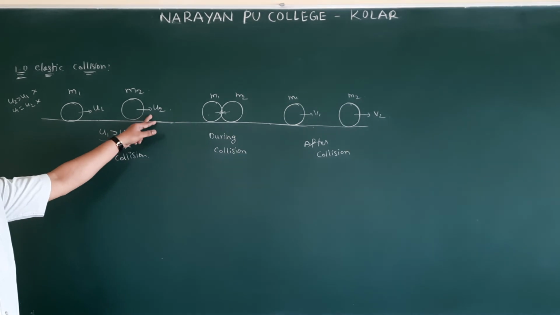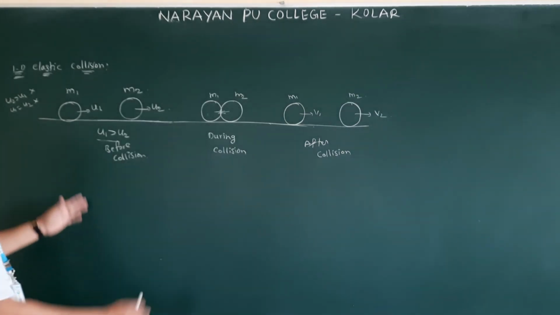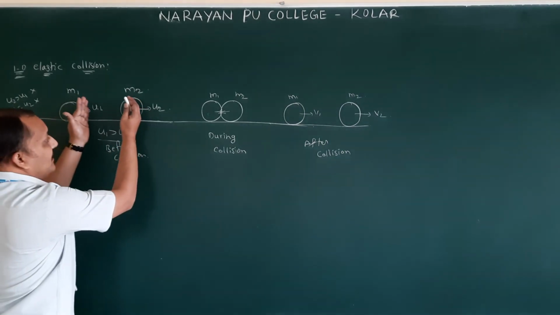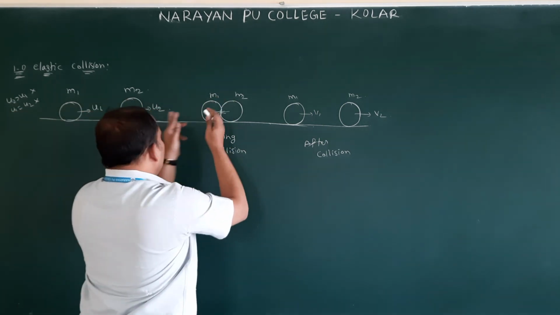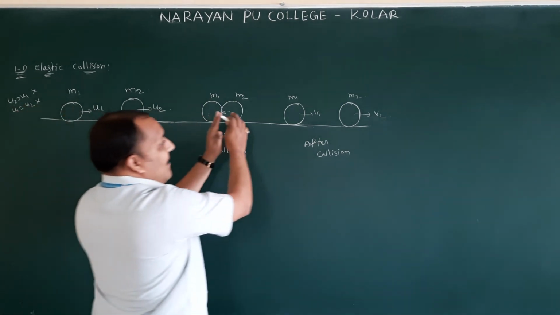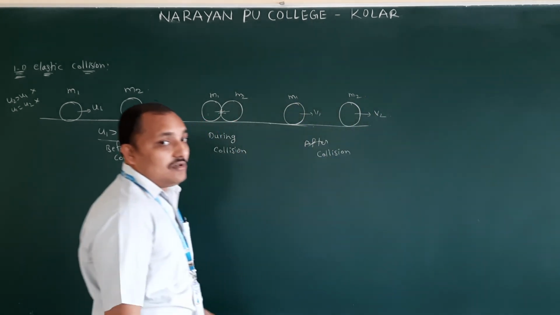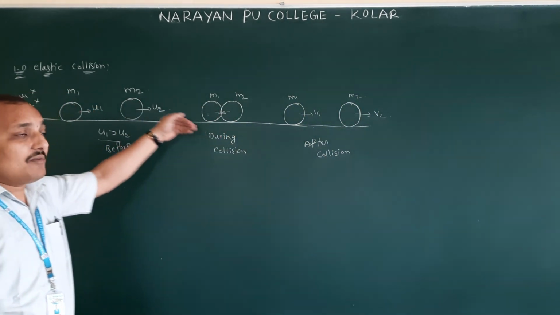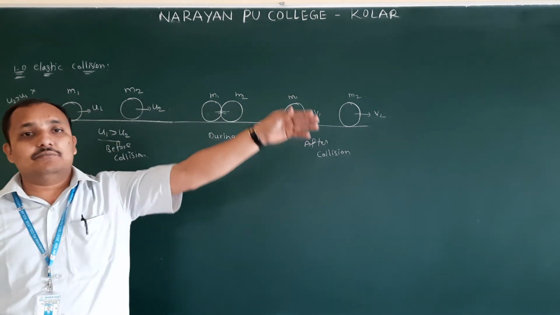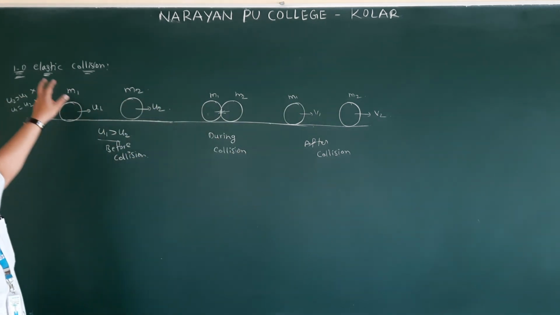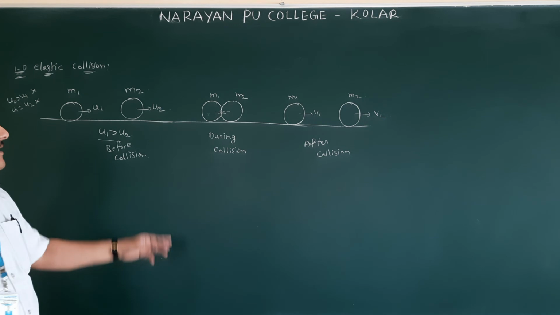U1, U2 are the velocities before the collision. Before the collision, both are coming near to get collision because U1 is greater than U2. After collision, both are going to be moving away, isn't it? So before collision, after collision, objects are moving in one particular direction. Therefore, this collision we are saying one-dimensional collision.